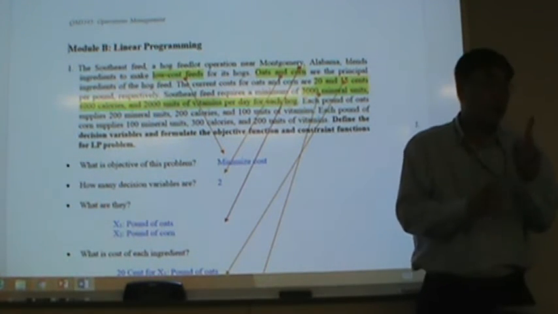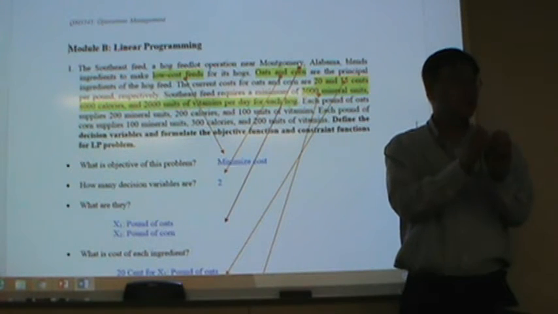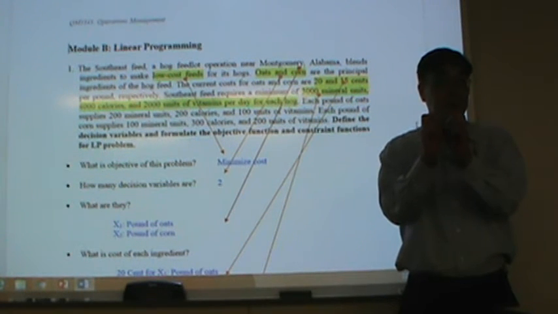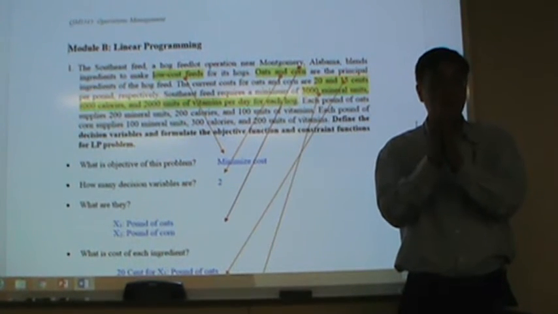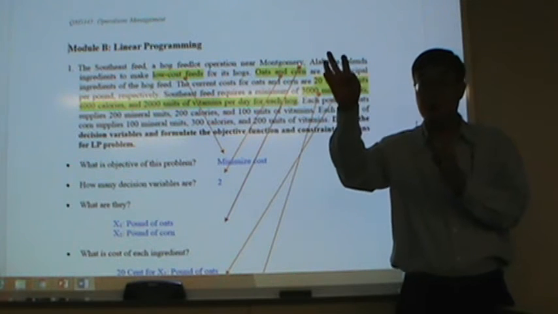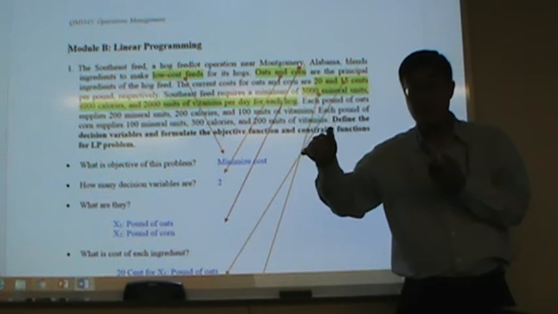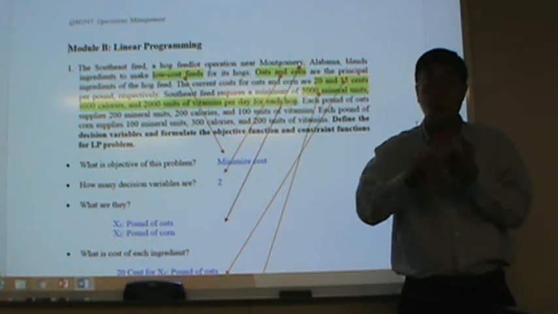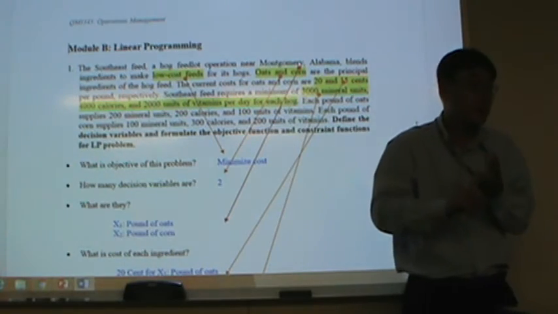I told you earlier, in a maximize problem, the decision variable is the product. In a minimize problem, where we minimize cost, the ingredients or resources will be the decision variables.